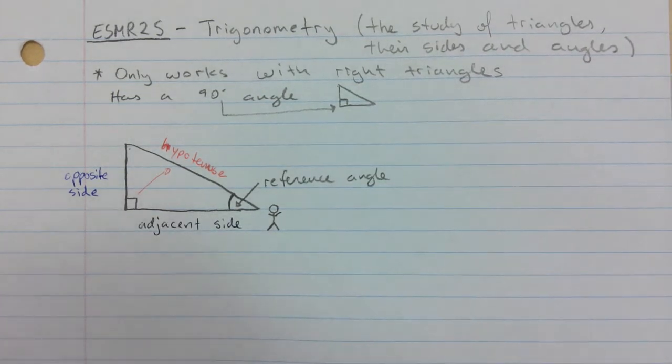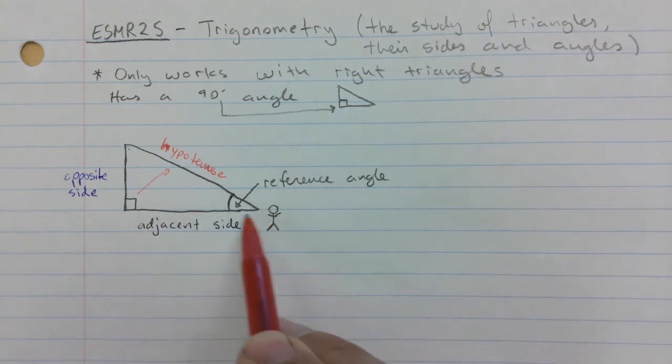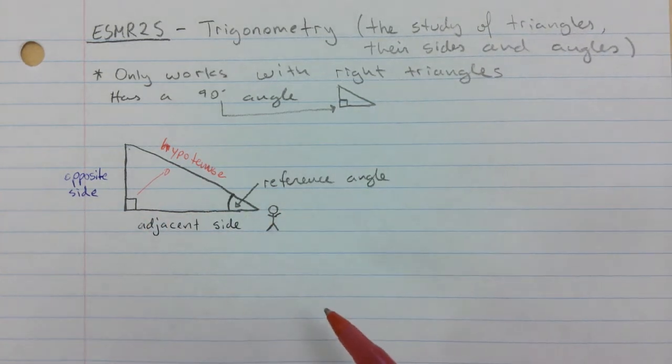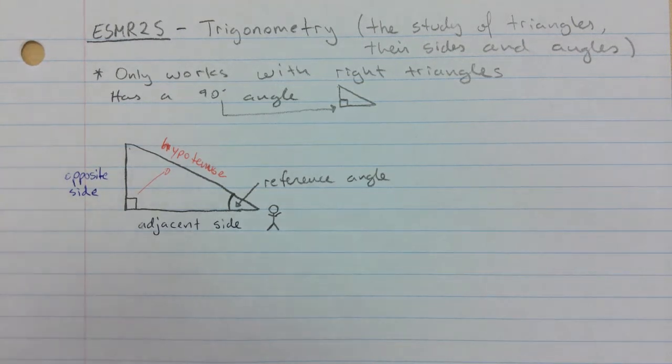That stays the same. Adjacent means next to or touching. So think about it: if you're here, this side is adjacent to you. If you say a Superstore is adjacent to Walmart, that means that they're next to each other, close, almost touching each other sometimes. It's a way of talking about triangles. So that is always the case.